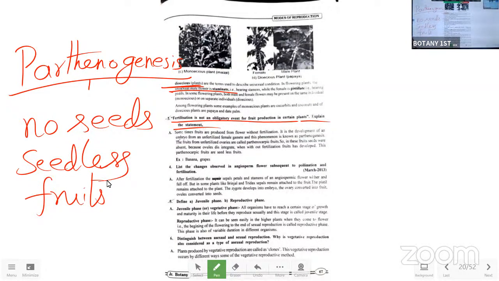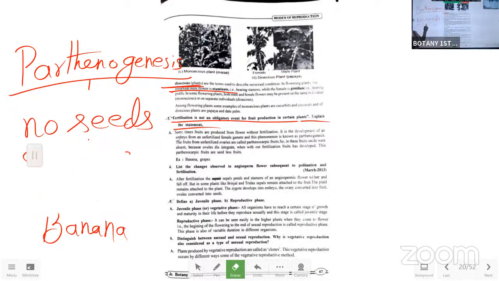Okay, and this parthenocarpy is naturally occurring in some plants. Example, banana. In banana, we will see the naturally occurring parthenocarpy. Okay, so these are the seedless fruits.